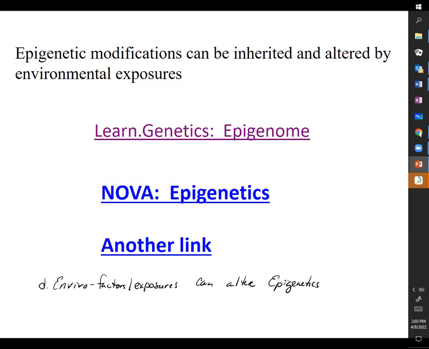And some of these alterations in the epigenetic modification patterns are also correlated with disease. So I'm just going to put down here, this is a hot area of research.